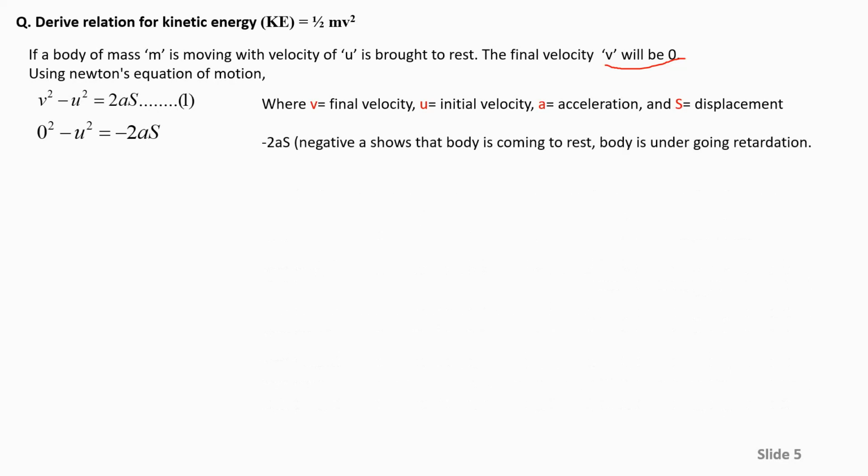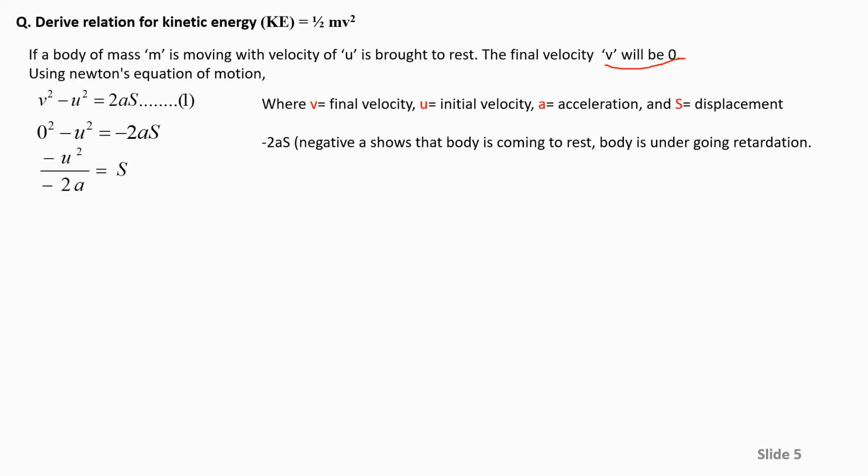Here 2as has a negative sign, so that shows that the body is coming to rest and has a decreasing velocity. We will have negative acceleration, and negative acceleration is also called retardation. Retardation is when the velocity of a body decreases with time.